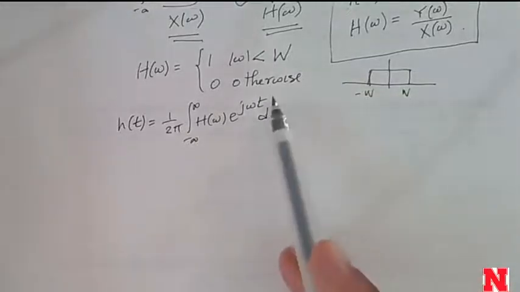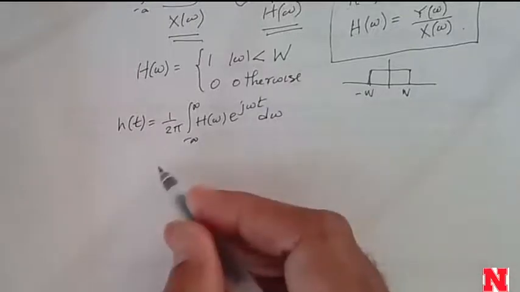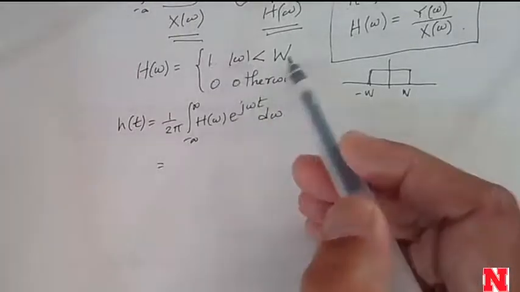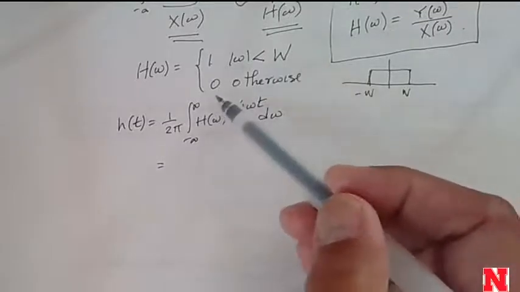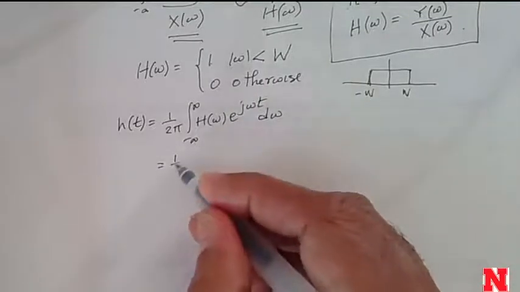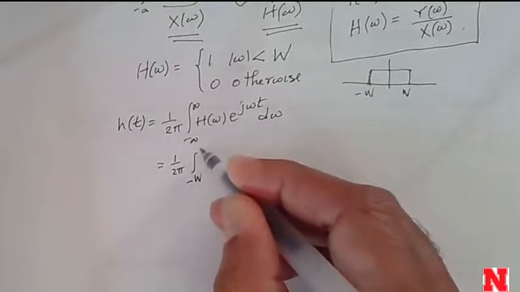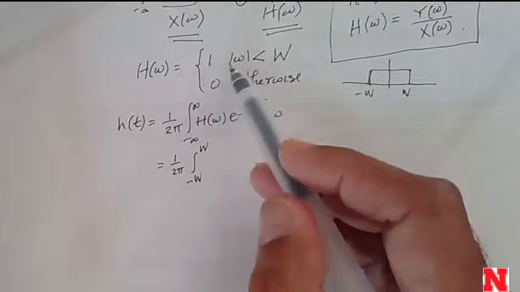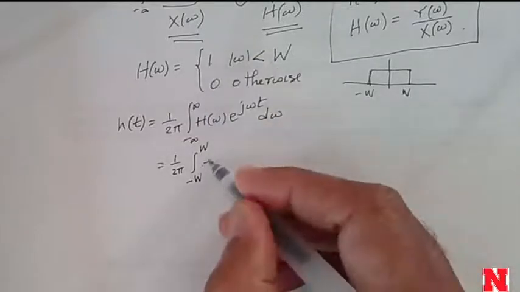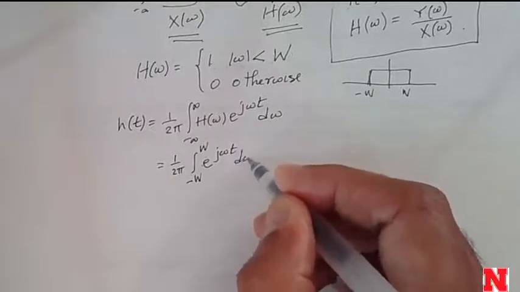So I'm left with t in the end. And if I plug this in here, H of omega is just 1 for omega between minus W and W, and is 0 everywhere else. So the integral from minus infinity to infinity reduces to the integral from minus W to W. And in this interval, H of omega is just 1. So I just have e to the j omega t d omega.